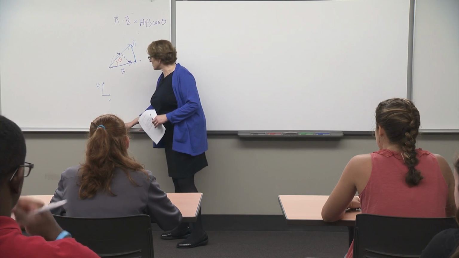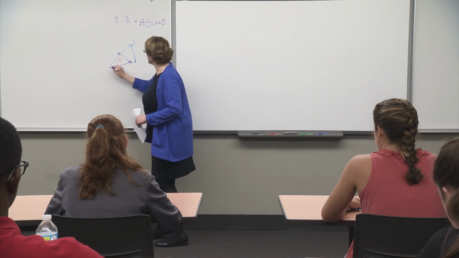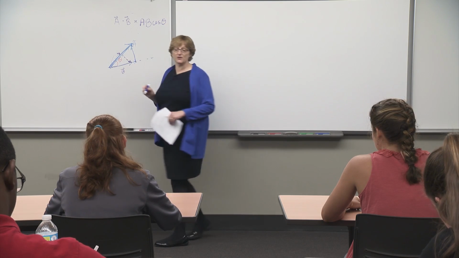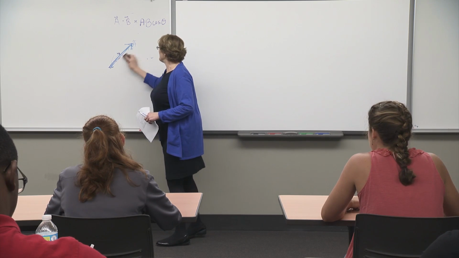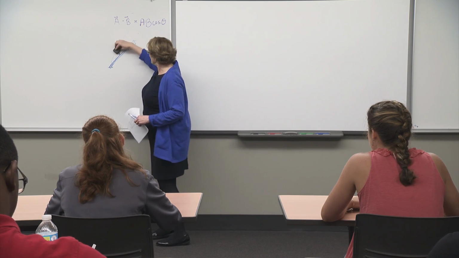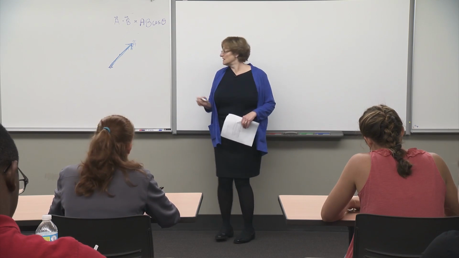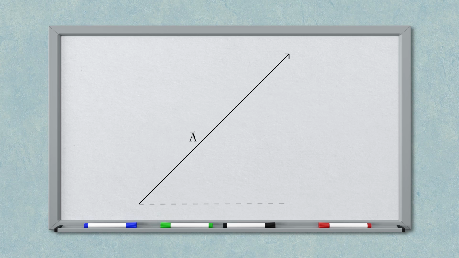Let's see how. Let's go back to vector A here. Let me make it a little more clear. This is vector A. What are its X and Y components? Let me get rid of vector B for the moment. We don't need it at the moment. Here's vector A. What are its X and Y components? So I ask, what is the amount of vector A that goes in the X direction and the amount that goes in the Y direction?